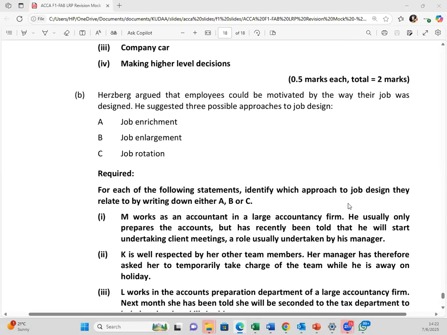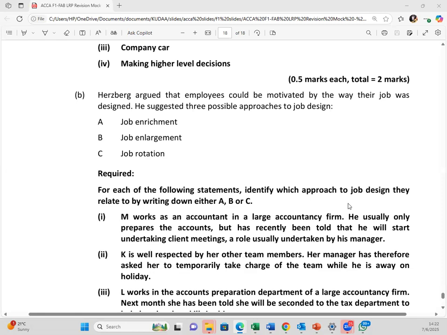Herzberg argued that employees could be motivated by the way their job was designed. So employees could be motivated by the way their job is designed. He suggested 3 possible approaches to job design: job enrichment, job enlargement, and job rotation.